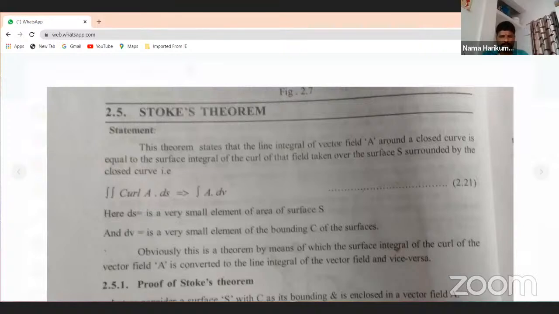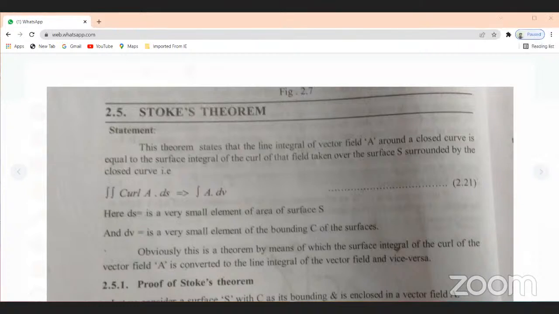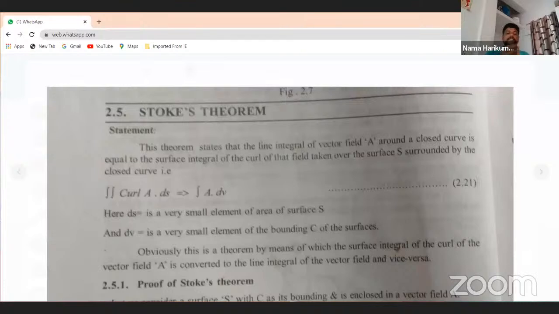Yes, completed. Okay sir, right. So equation 2 we just have to modify. What is the statement? Just we have to add the curl value in the surface integral. So equation 2 is double integration of A dot dS equal to double integration of A dS cos theta.